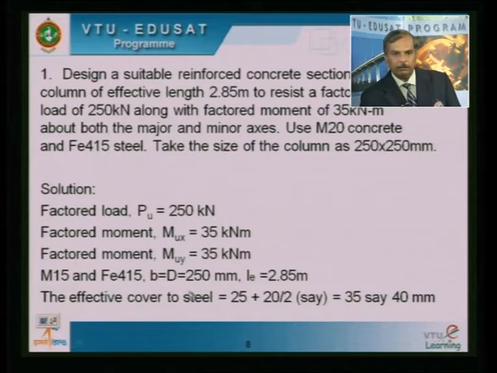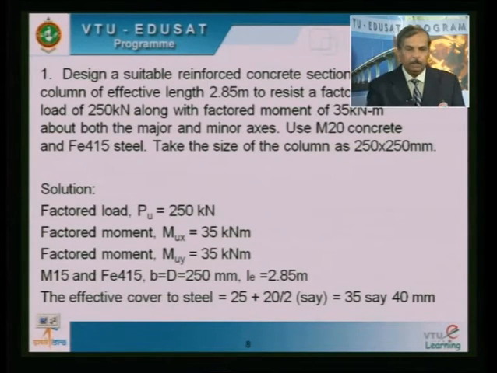Now this is b equal to D equal to 250 mm. So unsupported length is what this is. The effective cover to the steel is 25, as you know, it is the clear cover or the nominal cover for the column. For column in general it is 40 mm, but there is a specific specification. If the column size is 250 mm or less, you can take 25 mm as the clear cover.